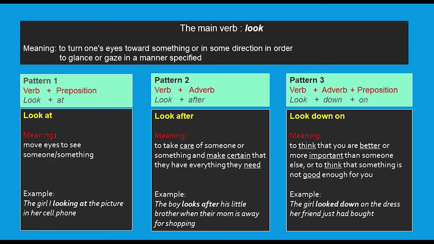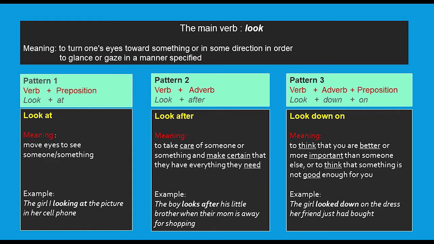The main verb look. As we can see here, the meaning of look is to turn one's eye towards something or in some direction in order to glance or gaze in a manner specified. But let us see the pattern here. The first pattern, verb plus preposition.